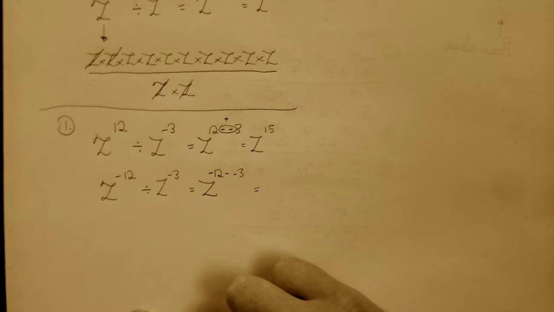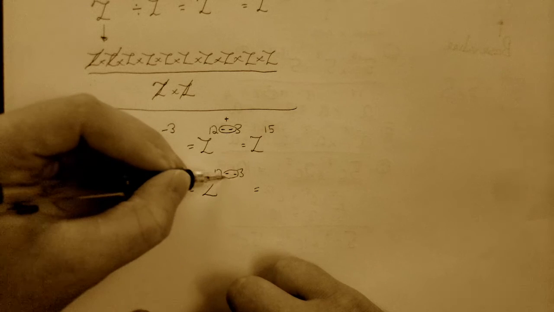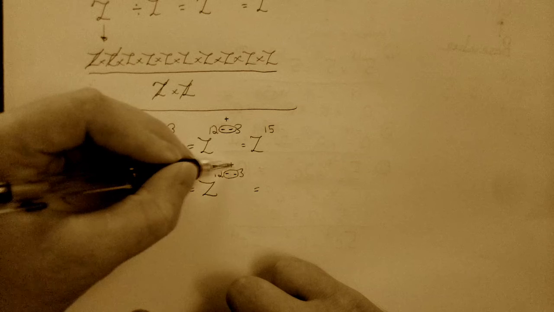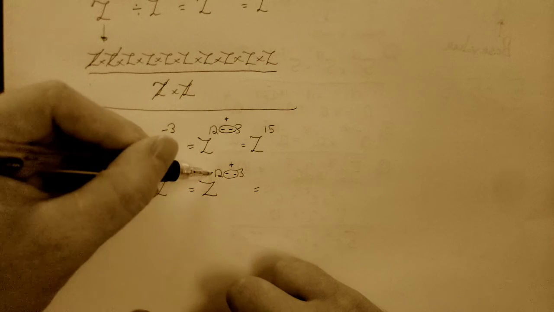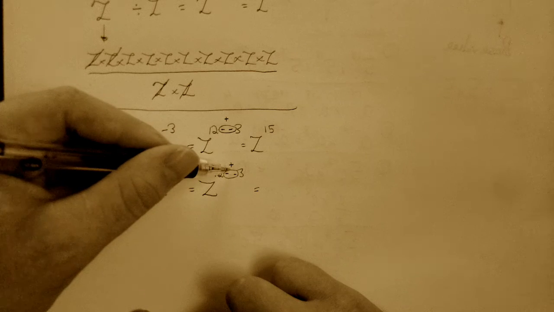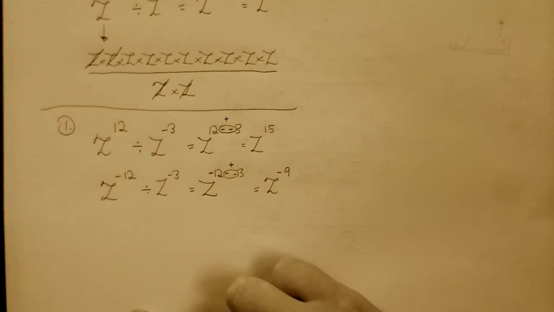Now, I don't want to do too much in my head, I'd probably make a mistake. I've got these two negatives next to each other, so they're going to combine to make a positive. Minus 12 plus 3: I'm £12 in debt, somebody gives me £3, so now I'm only £9 in debt, minus 9.